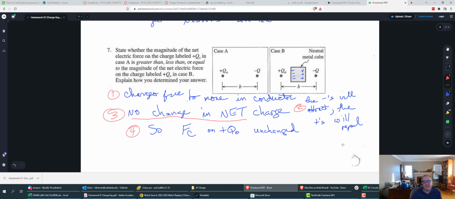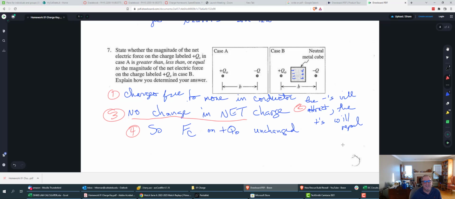Now, in fact, if I put something that wasn't a conductor, the net force would change, because the definition of a dielectric is that these charges can't migrate so freely. And it's because they can freely migrate around, you end up with a 0 change in the net charge. When you put a dielectric in there, you do get a change in the net charge.